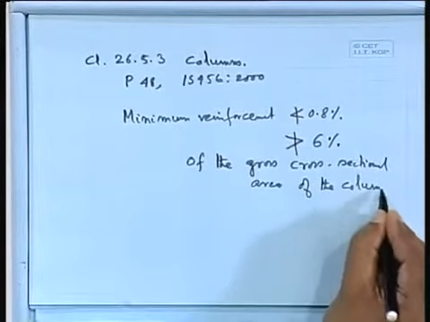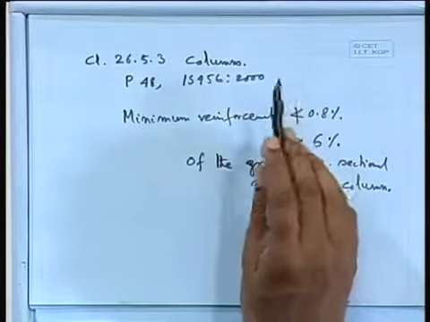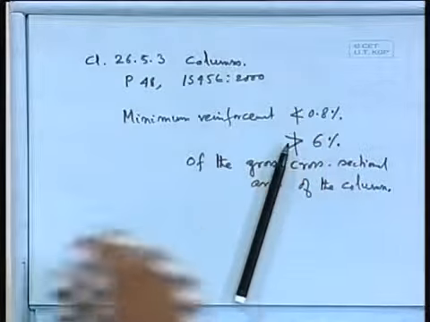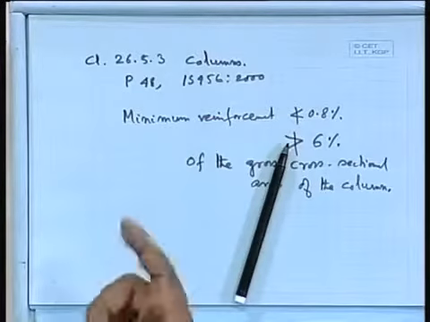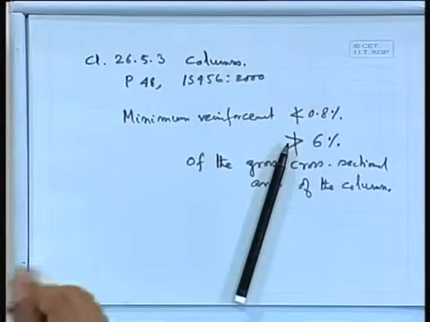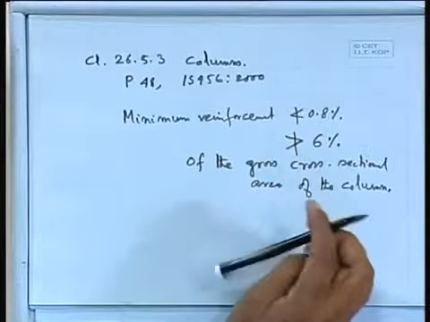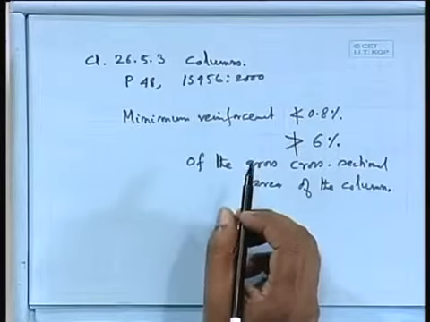So this is your basic thing, that 0.8% minimum, and our case is very less. Let us say 6 times 113, that means 6 number of bars, divided by 62500. So it comes 1.08%, if we use 6 number of bars in 250 by 250 section.